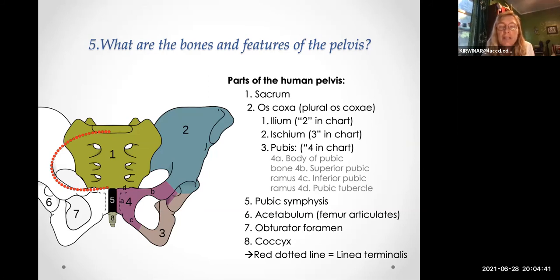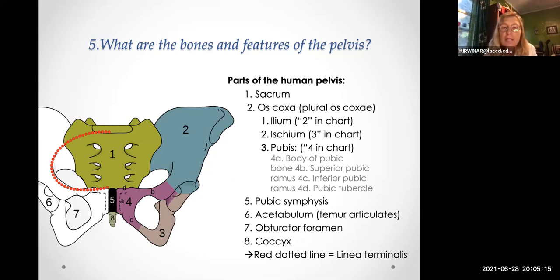The next screen has a drawing of the major parts of the human pelvis. Number 1 is the sacrum. Number 2 is the os coxa, and the 3 parts of the os coxa: the ilium, which is number 2 in the chart, and it's turquoise; the ischium, which is number 3, and it's brown; and the pubis, which is number 4, and it's violet. The pubic symphysis, also known as the symphysis pubis, is number 5.